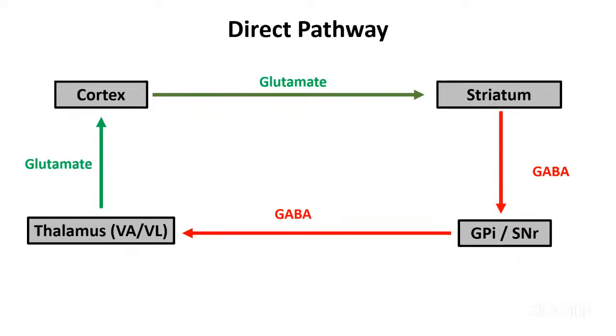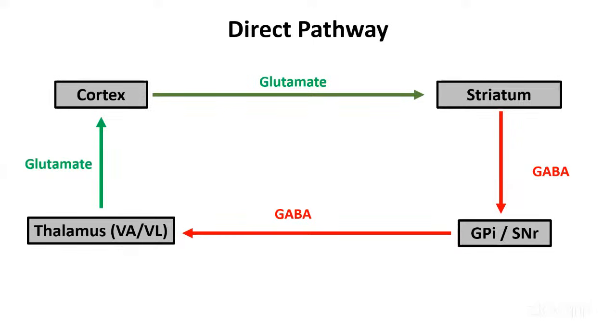See, so we all know that the stimulus from the cortex comes into the striatum, and the pathway here is facilitatory through glutamate. It stimulates the striatum, and from the striatum, the impulse goes to the globus pallidus interna and substantia nigra pars reticulata.